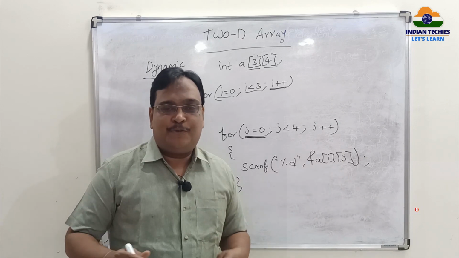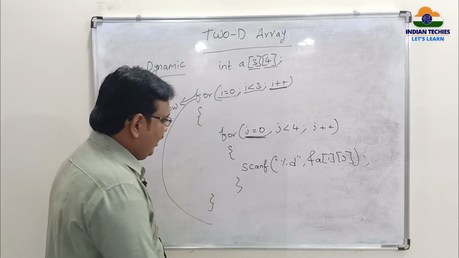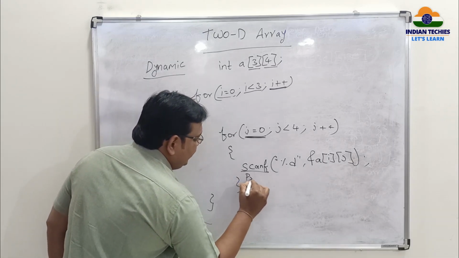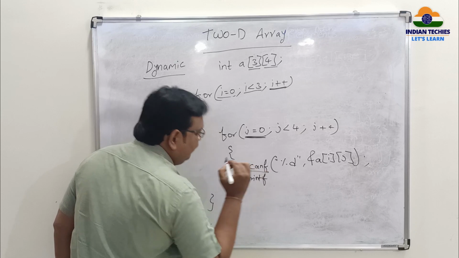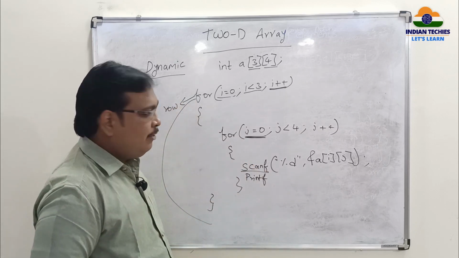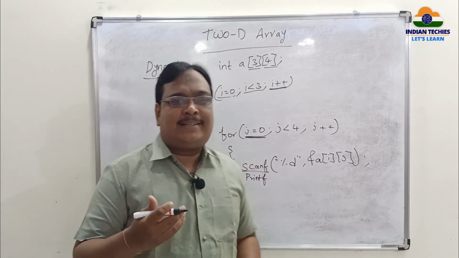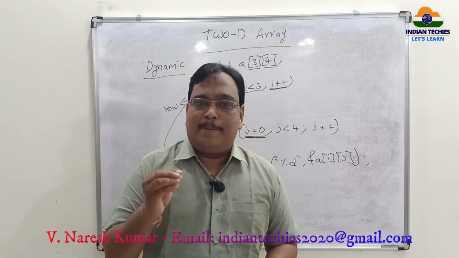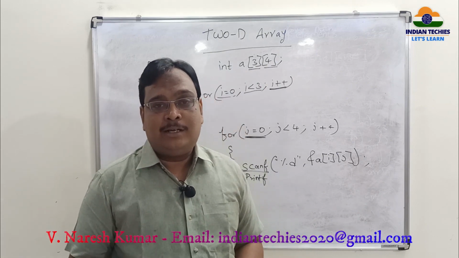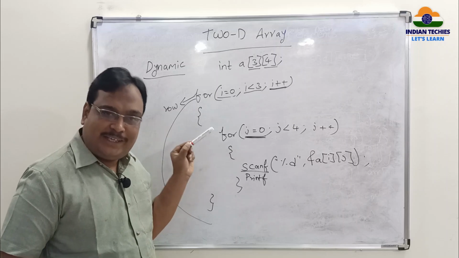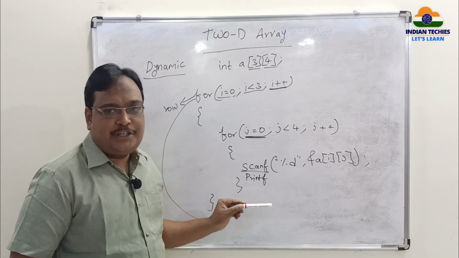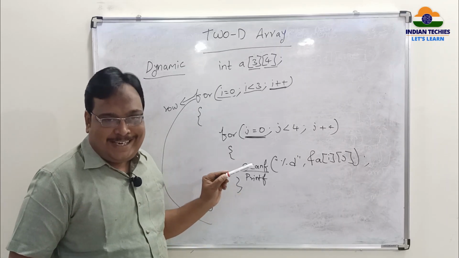At the same time, if you want to print any two-dimensional array, instead of scanf, you just place a printf. So every time you access a two-dimensional array, compulsorily you have to write for inside for, whether for taking input, for calculation purpose or for printing purpose.